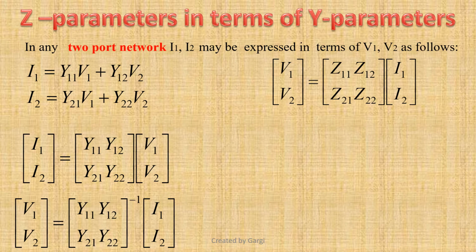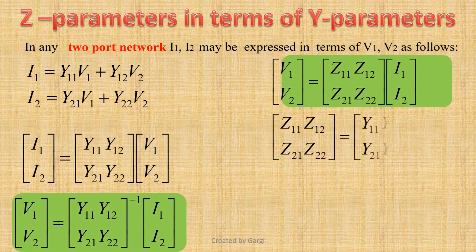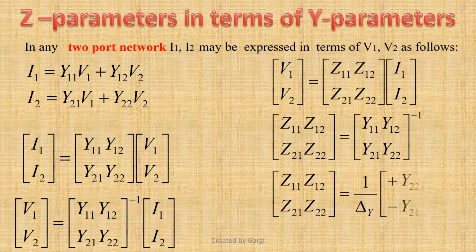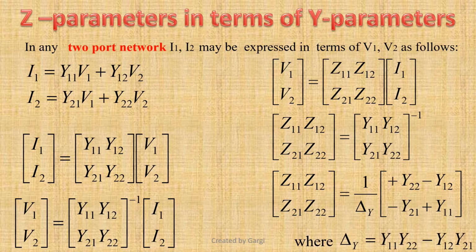Comparing these two sets of equations, we get matrix of Z11, Z12, Z21, Z22 equals inverse matrix of Y11, Y12, Y21, Y22. Or we can write matrix of Z11, Z12, Z21, Z22 equals 1 upon delta Y into matrix of Y22, minus Y12, minus Y21, Y11, where delta Y equals Y11 Y22 minus Y12 Y21.